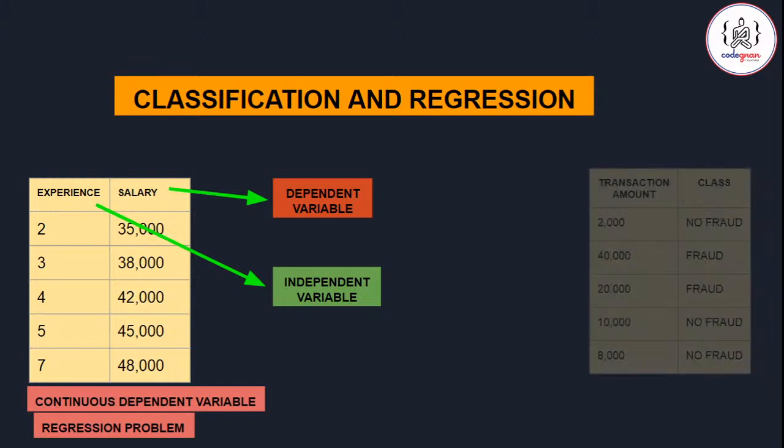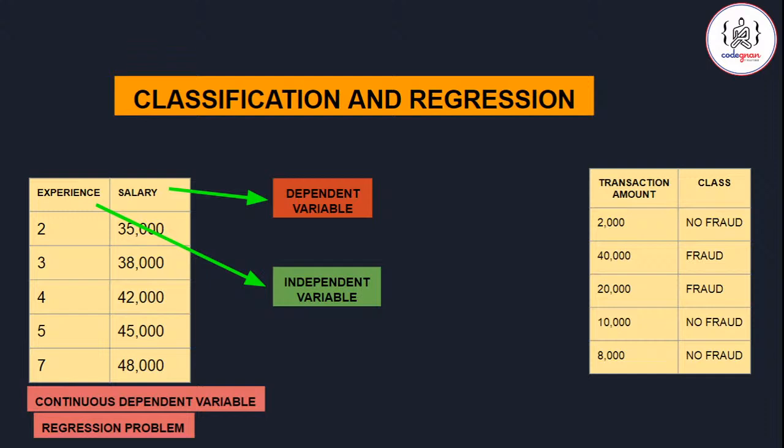All right, and now let's look at another example where we have transaction amounts, and we have a class as fraud and not fraud. Here your independent feature is going to be the transaction amount, and based on this transaction amount we are going to predict the classes, whether it is a fraud or not.